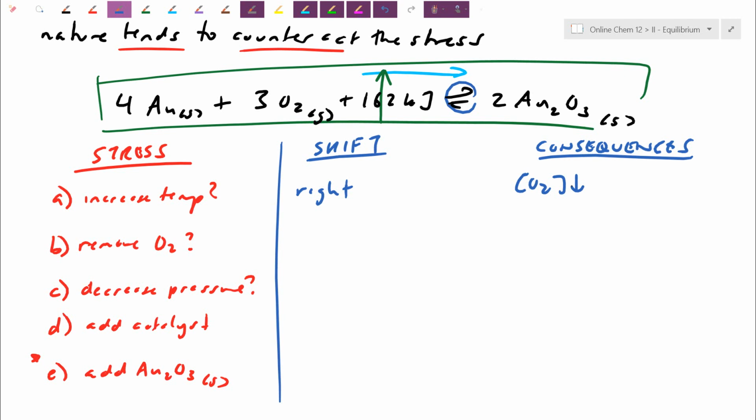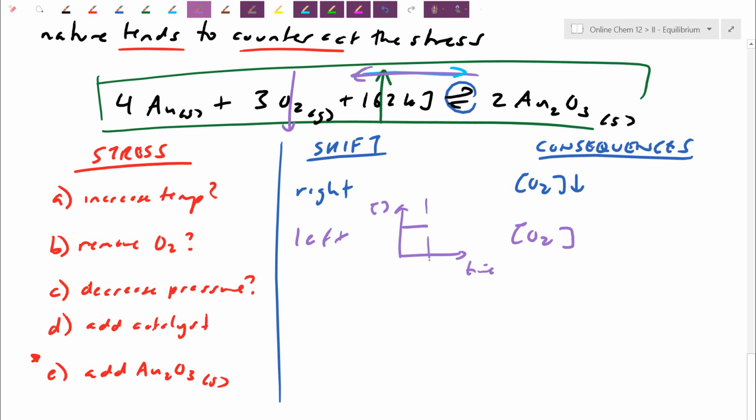If I remove oxygen, so sort of the opposite here, we had an equilibrium system, I pull down the oxygen. Nature doesn't like losing so much oxygen, so it's going to end up shifting left. So shift left, and again, what happens to the oxygen then? Well, that one's a little bit more complicated. If I plotted concentration versus time, I start off with the oxygen at equilibrium, constant in time. I remove the O2 all of a sudden, so there's a steep decrease.